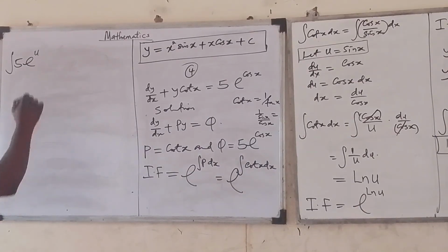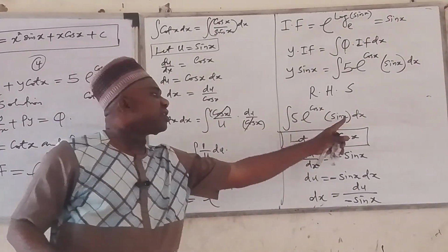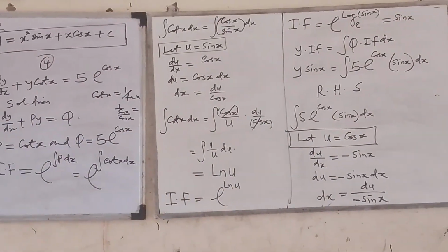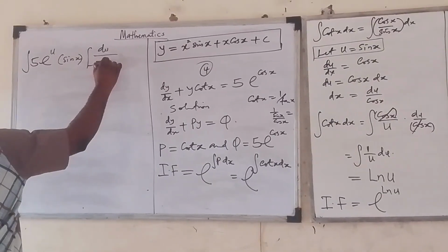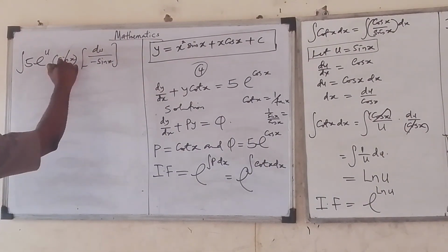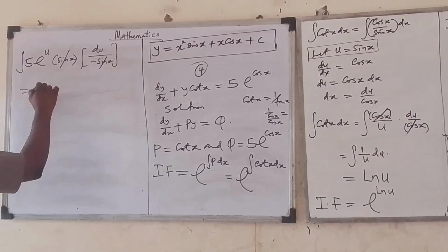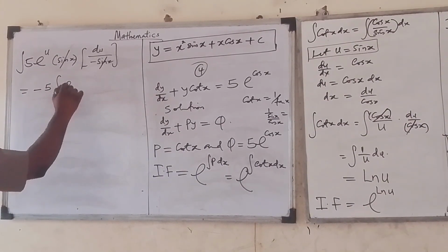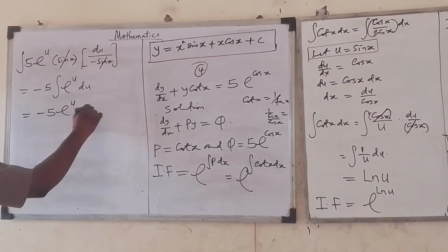Then we have in bracket sine x, and dx is du all over minus sine x. Now this sine x will go with this sine x, so we'll be left with minus 5 integral e raised to the power of u du. When you integrate e power u, it gives e power u. So this will be minus 5 e raised to the power of u, plus constant.